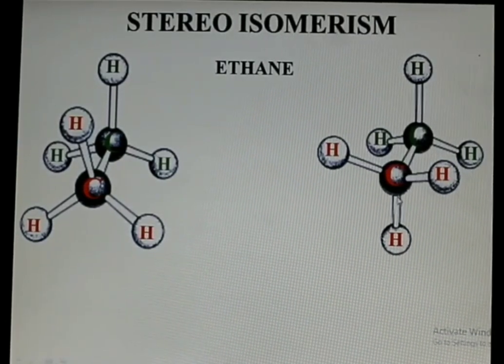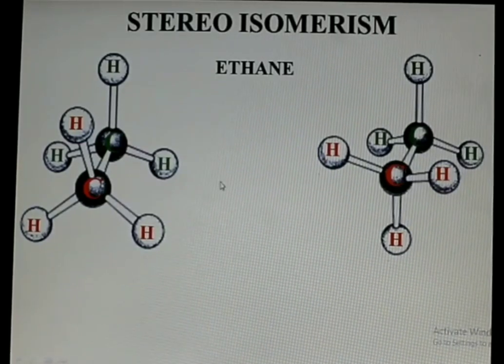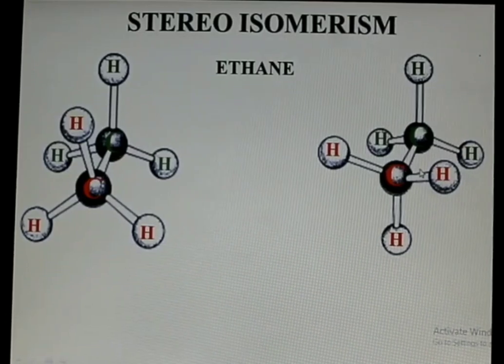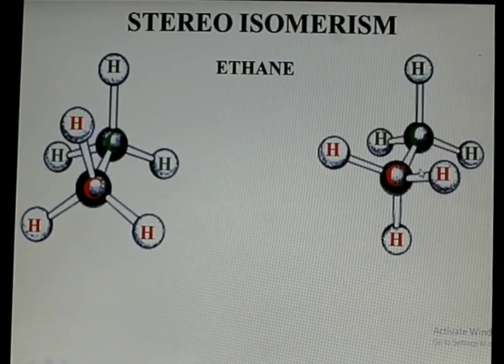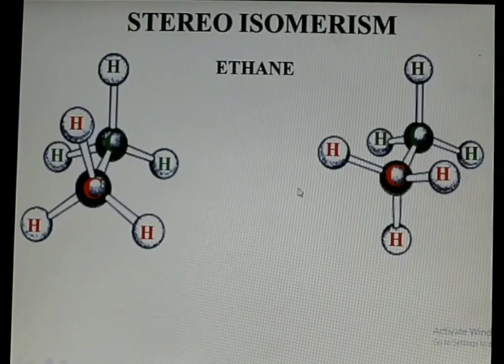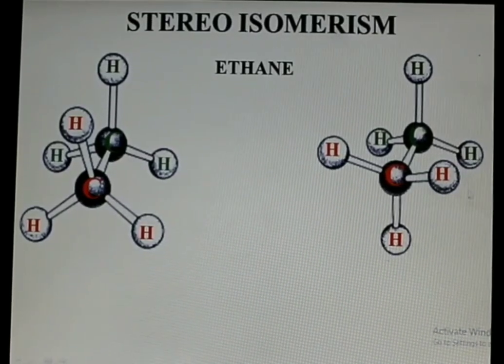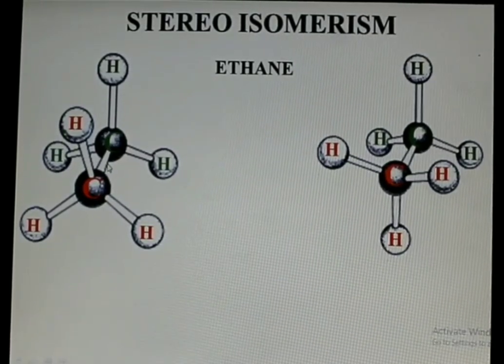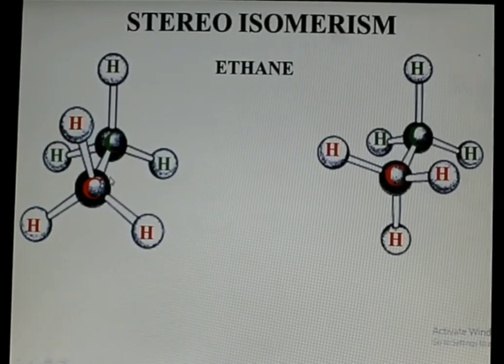They are situated far apart from each other. So compared to the other, this structure is more comfortable, meaning the molecule feels more stable, so it has lower energy. So if you compare these two structures of ethane, this structure is more stable than that structure, or this structure has less energy than that structure.